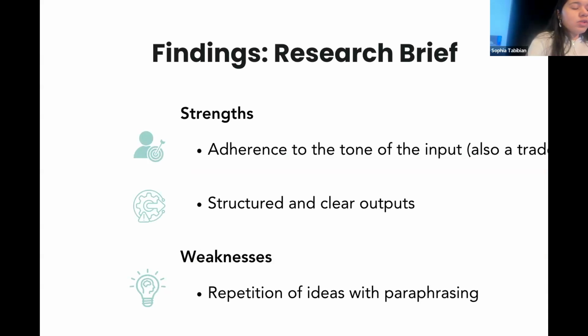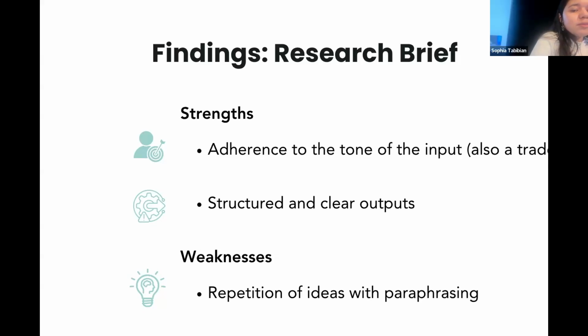The strength that I found from this was that the AI really sticks to the tone of the input, which is also a trade-off, because the AI basically tells you exactly what you write in the prompt.